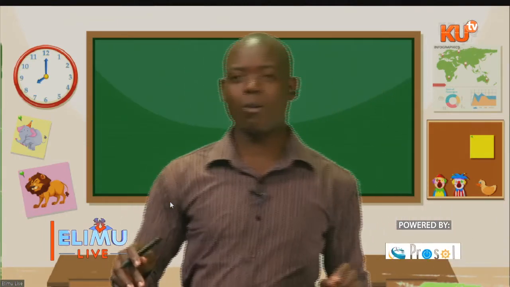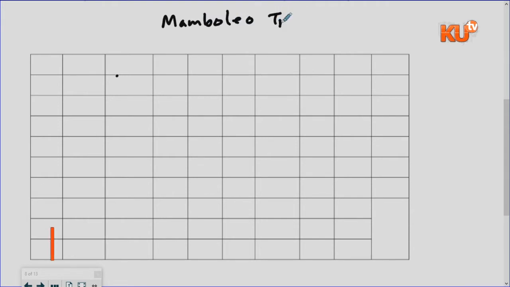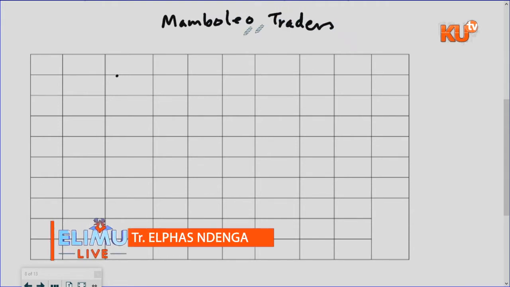Fine. So let's now analyze the question and see what we are saying. We have Mamboleo Traders, two-column cash book. This is the CR side, and this is the DR side.